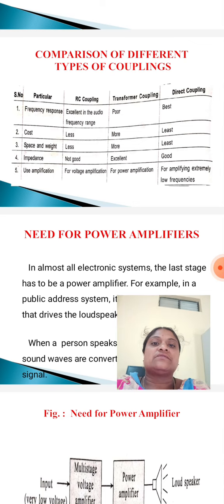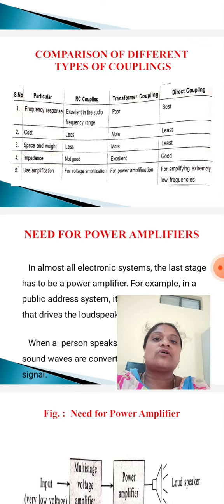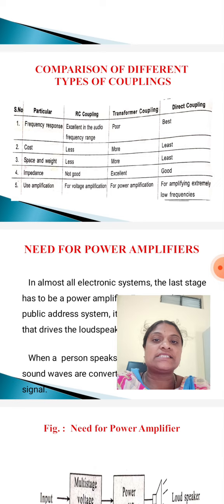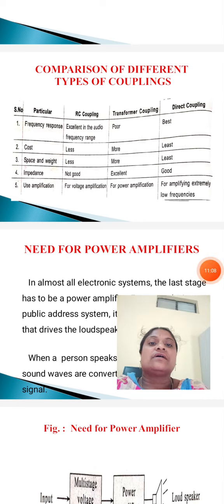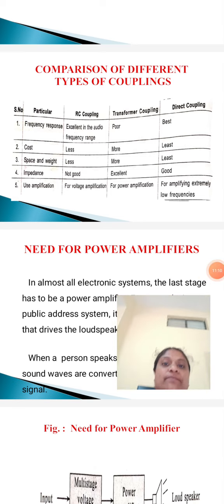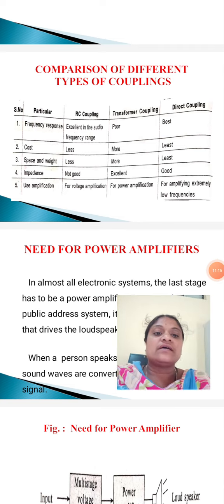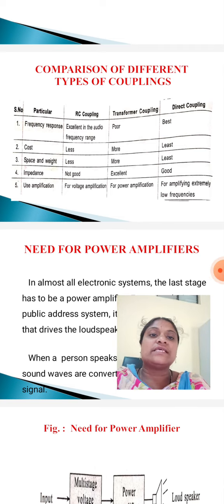Next, the second particular is cost compared across these three couplings. Cost is less in RC coupling because only resistors and capacitors are used in this circuit. In transformer coupling, cost is more because two transformers are used in this circuit.